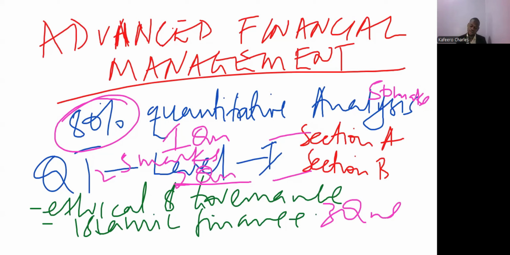So you find that question 1 has some computations, but at the same time it has some theoretical aspects, and mostly these two, ethical and corporate governance plus Islamic finance.